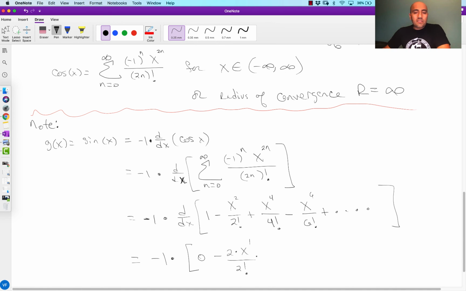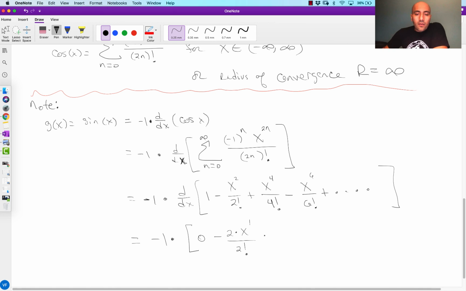We can reduce, but let's leave it alone so we can see the pattern. Plus, we bring that out in front, and we'll get 4 x to the third power divided by 4 factorial, minus 6x to the fifth power all over 6 factorial, plus dot, dot, dot.